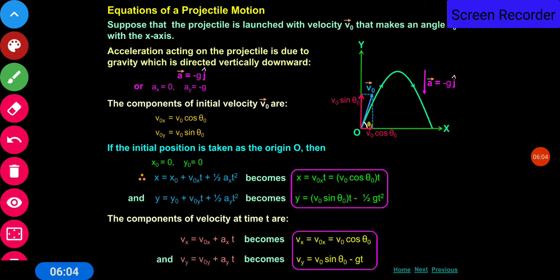Using the equation vy is equal to v naught y plus ay t, that will become vy is equal to v naught sin theta naught minus g t. So using the first and second equations of motion, we have written the x component and y component.